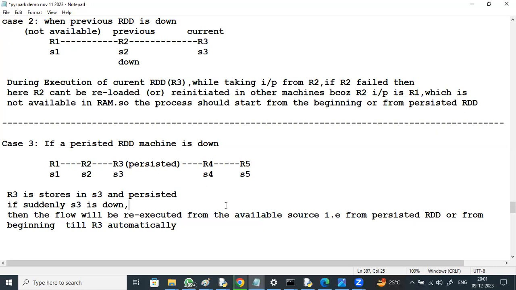The last persisted RDD is taken. The flow will be re-executed from the persisted RDD onwards only. If R2 is persisted, it computes from R2 itself and won't recompute R1, R2.